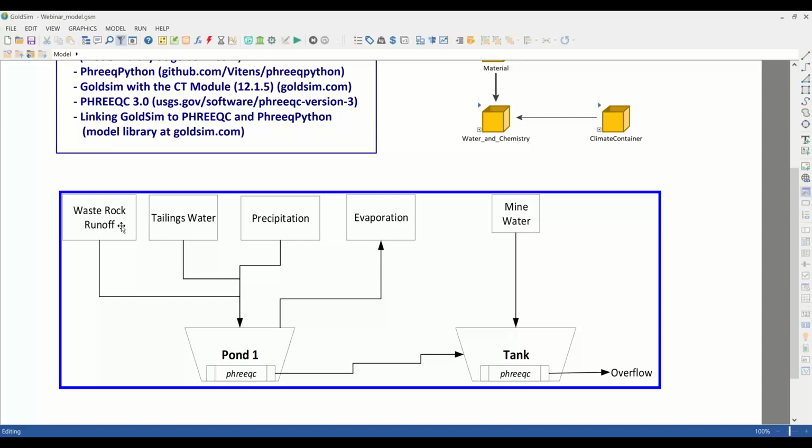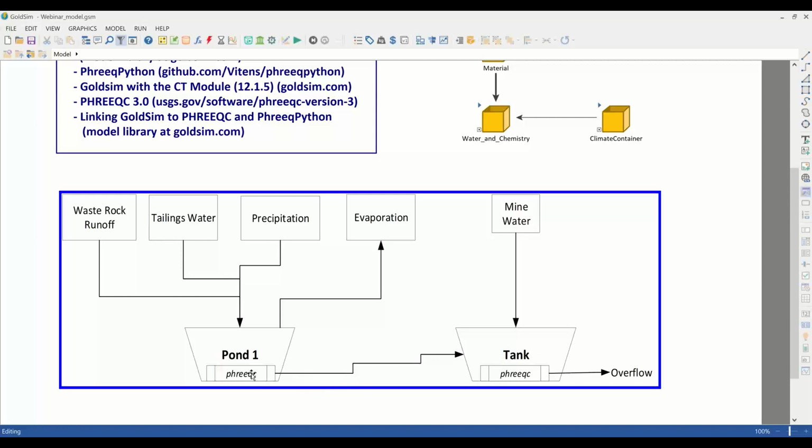It has water coming from waste rock runoff, it has tailings water and precipitation, and it has 2 outflows, one to evaporation and then another one, which is water which is being pumped from the pond over to a tank. In the tank, we have another input of water, which I'll call mine water or mine dewatering water, which also goes into the tank. And then the tank just has an overflow where the water exits.